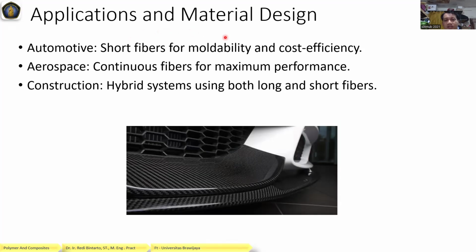On the application and material design for automotive, aerospace, and construction: for automotive, short fiber for moldability and cost efficiency, meaning it's easy to mold because of the short fiber. For aerospace, continuous fiber for maximum performance. When we need higher strength, we have to use continuous fiber for maximum performance in any kind of application.